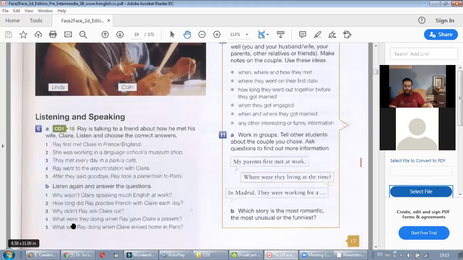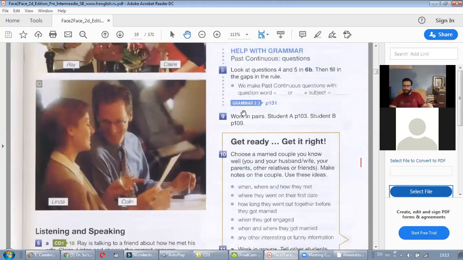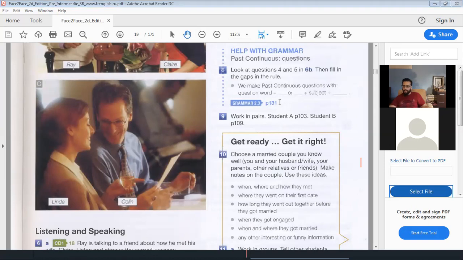What were they doing? Let's put this here. So we use question words, what, then we say were or was, then the subject, then verb plus ing. So if we write the example here, let's write number 4.